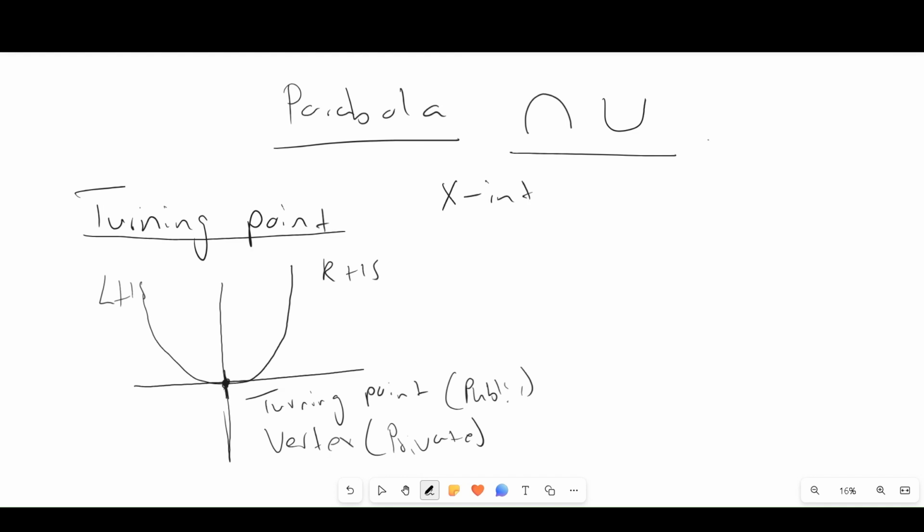That's where the graph crosses the x-axis, meaning if our parabola was shifted downwards, this point here, where the graph is intercepting at the x, you call it an x-intercept.